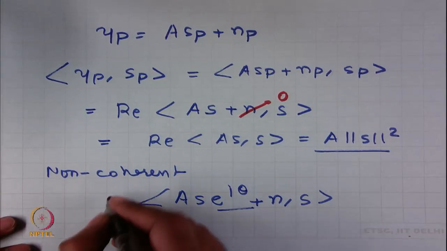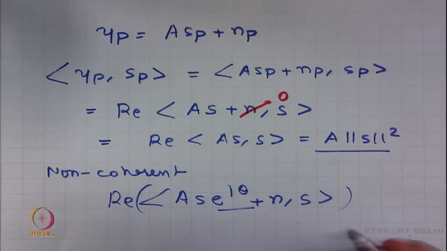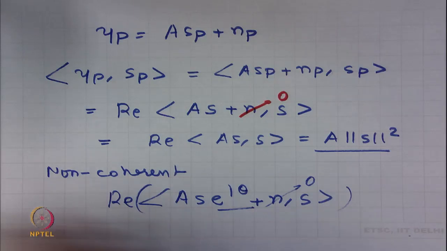Of course, we need to have the real part as before. Again we can assume noise is 0, because we have not discussed the interaction of noise with the signals. We will do this in the receiver part. I do not want to bring in that complexity, so I am safely assuming that there is no noise.